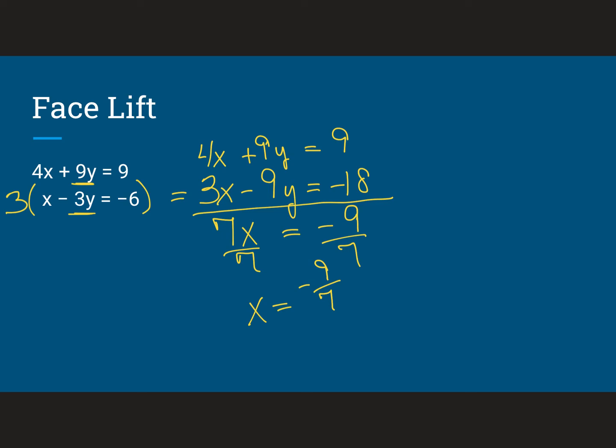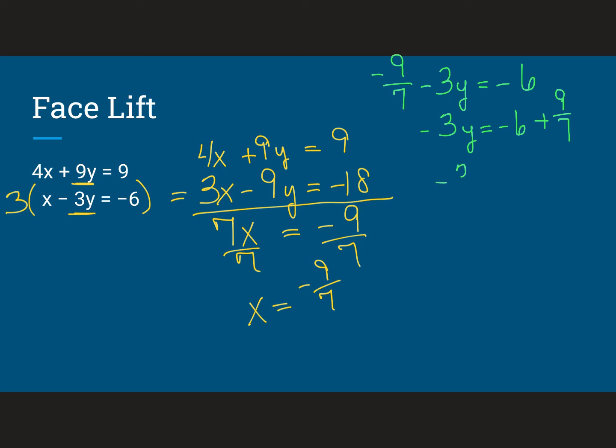Now I need to find y. So I'm going to go back to one of my original equations. I'm going to use the bottom equation, sorry. Negative 9 sevenths, minus 3y equals negative 6. We're going to add 9/7 to both sides. So I get negative 3y equals negative 6 plus 9/7.